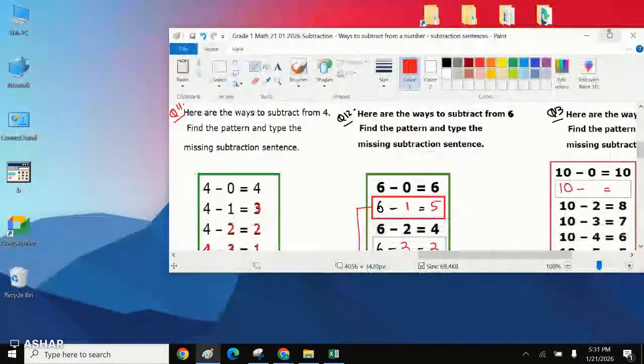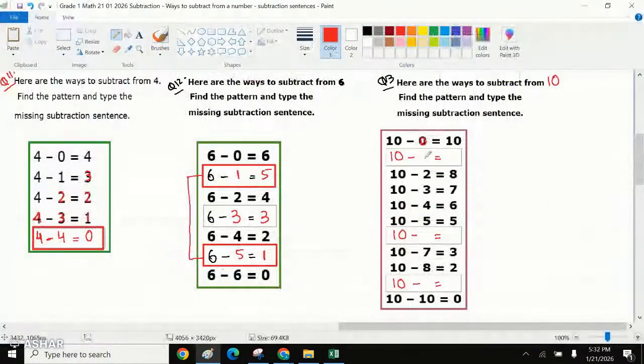So if 0 is given over here, and 2 is given, what is the number in between? 1. Yes, thank you, everybody. That is 10 minus 1 equals to 9. Similarly, if 5 is given and 7 is given, the number between them is 6. 10 minus 6 would be, yes, 4.